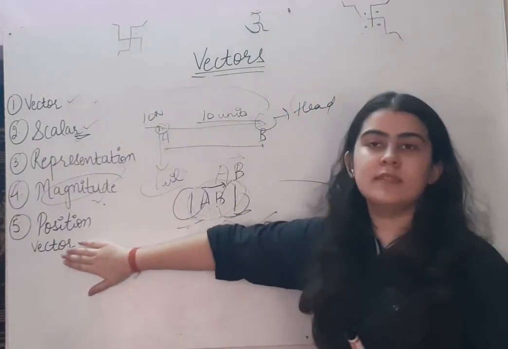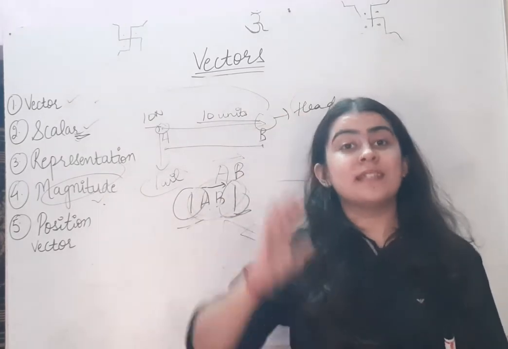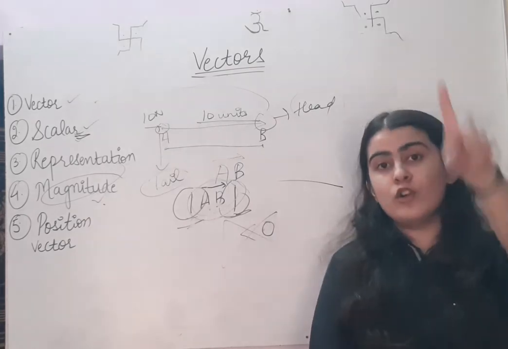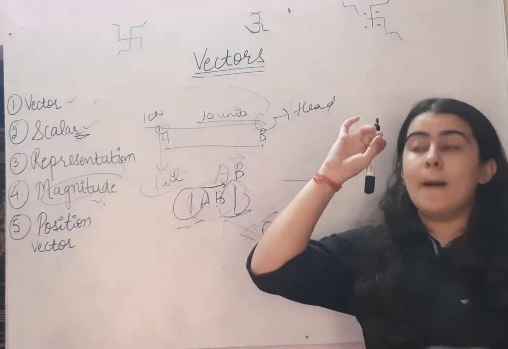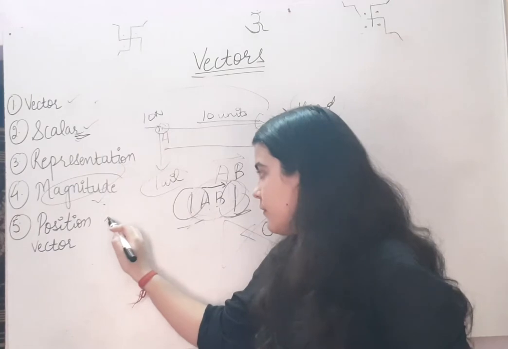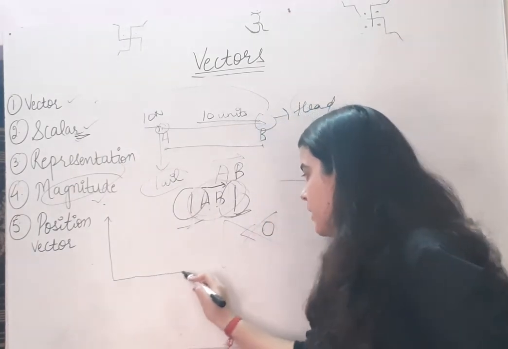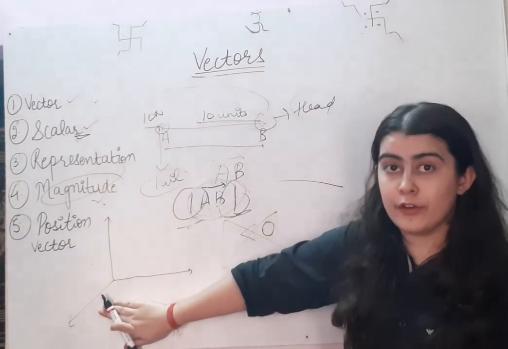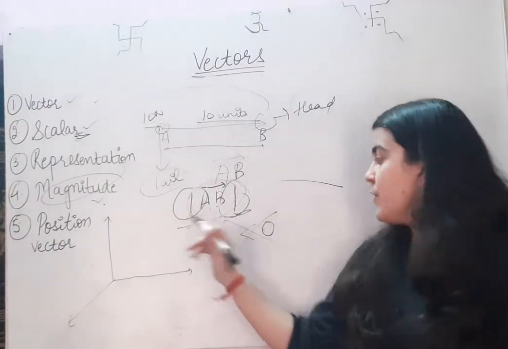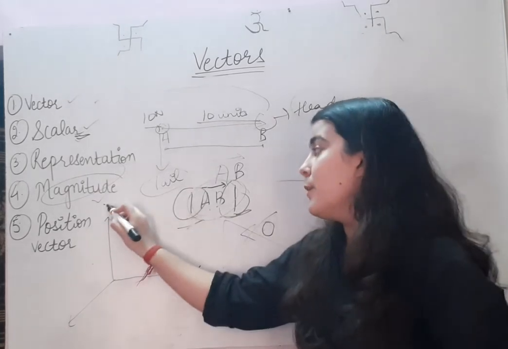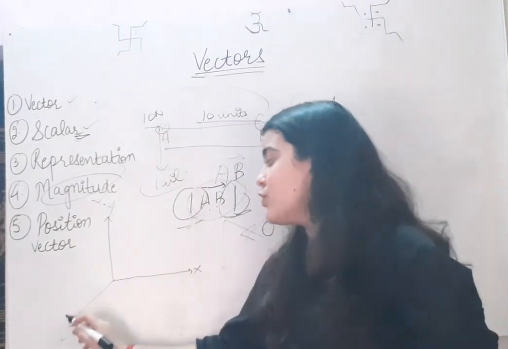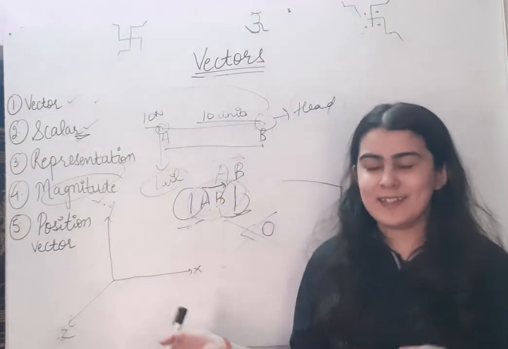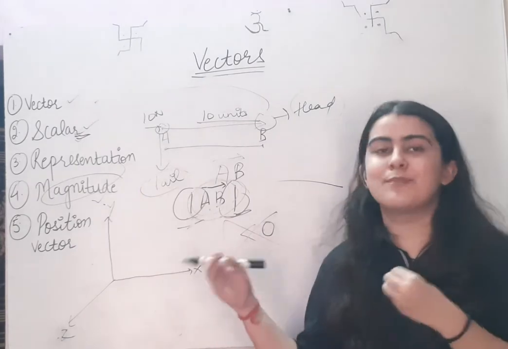Now comes the main topic, which is the position vector. Now, what is a position vector? Before stepping on to the position vector, I want to make a figure for you. So, we have a 3D figure, a 3-dimensional space. This is the x-axis, this is the y-axis, and this is the z-axis, or people call it the zed-axis also, but z is how it is pronounced.